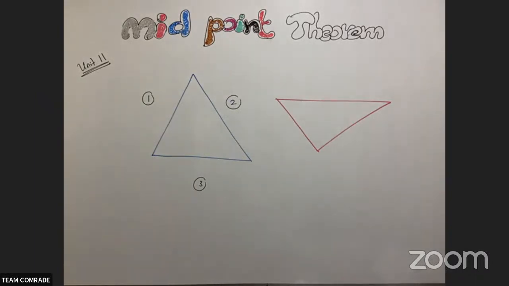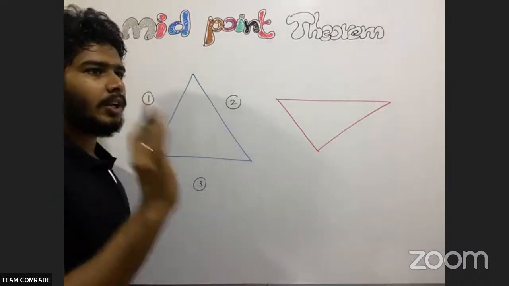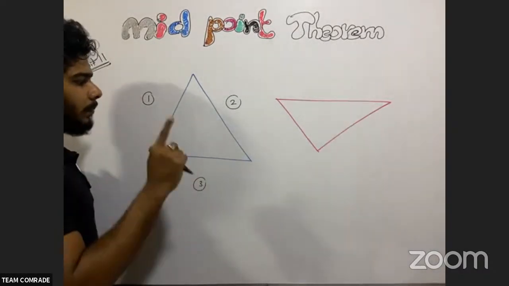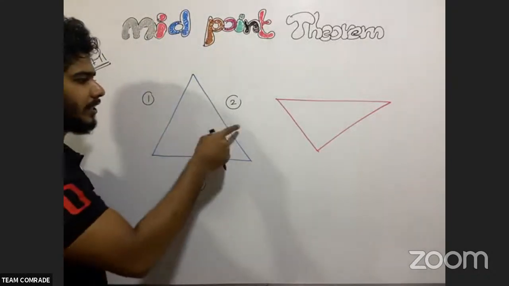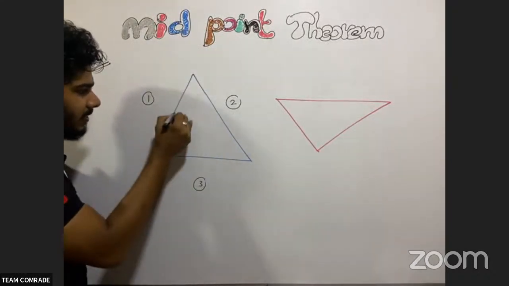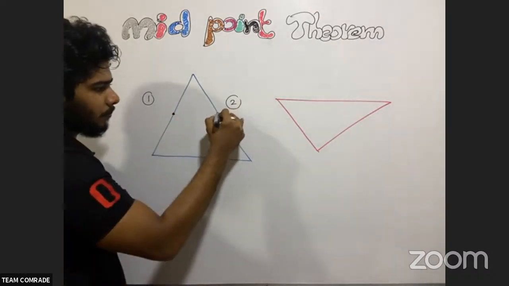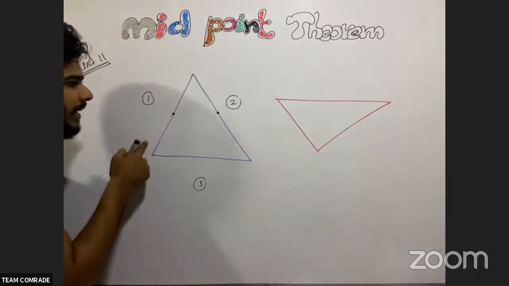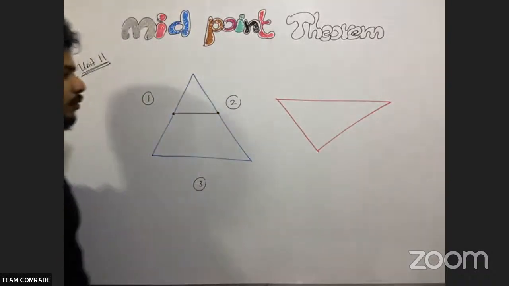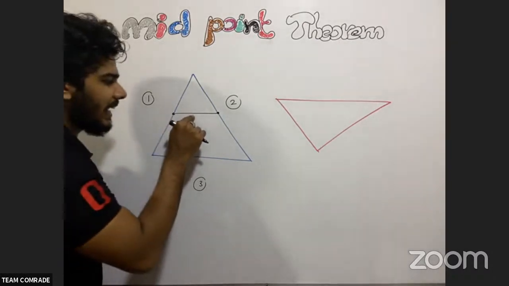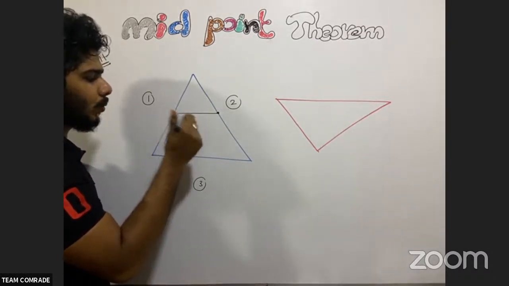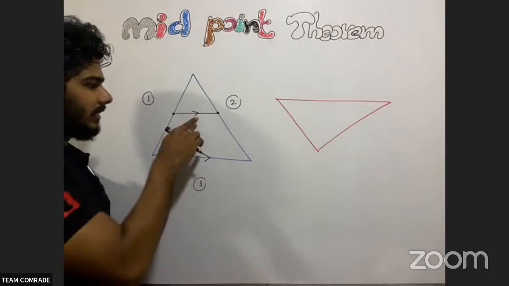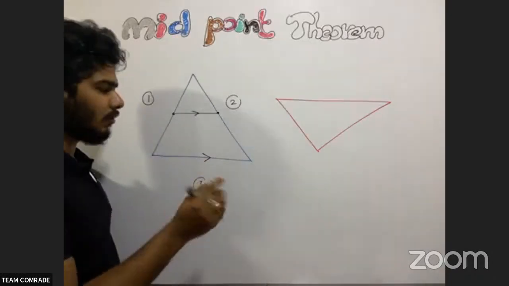Now, what I'm going to tell is, if I draw a straight line connecting the midpoints of the first and second side, here in the first side this is a midpoint, in the second side this is a midpoint, then this straight line is parallel to the third side, and this line is half the value of the third side.